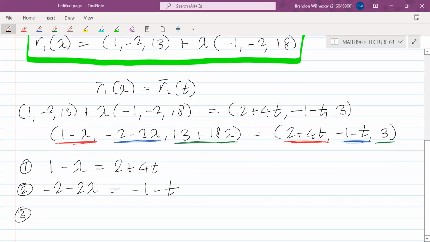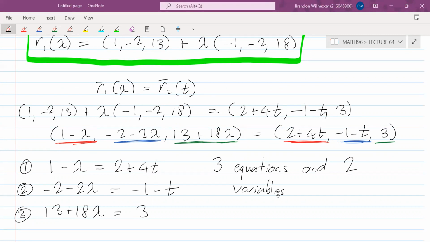And a third equation: 13 plus 18 lambda is equal to 3. So we've got 3 equations and 2 unknowns, or 2 variables.